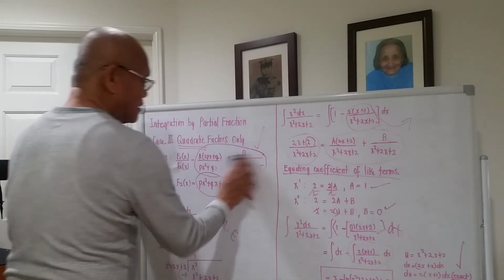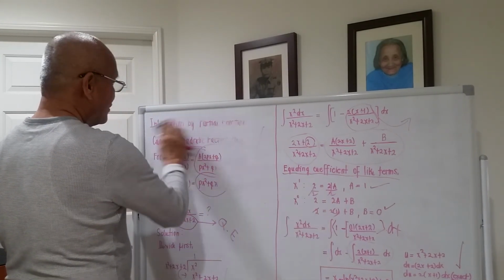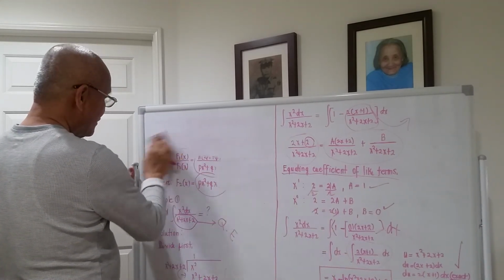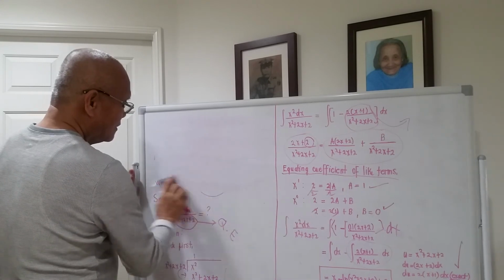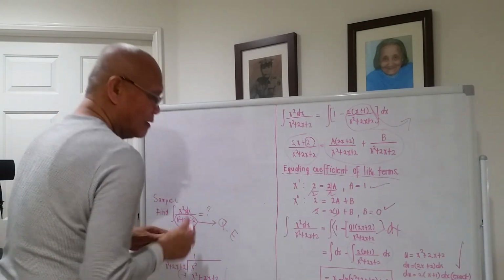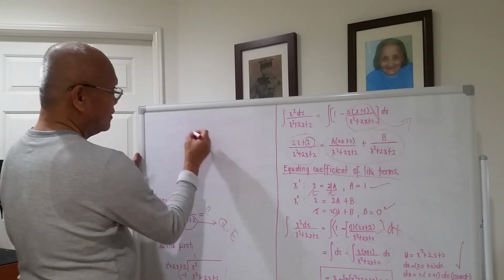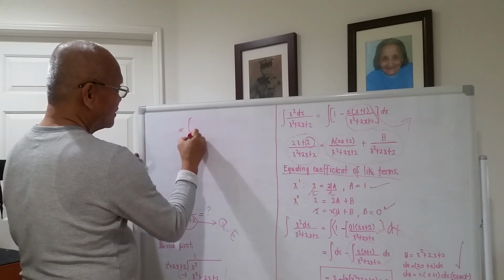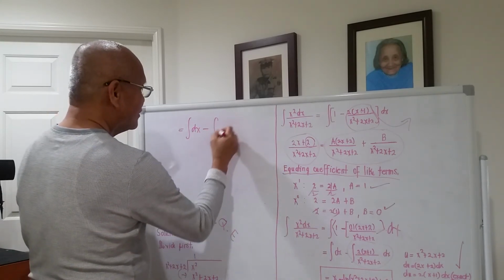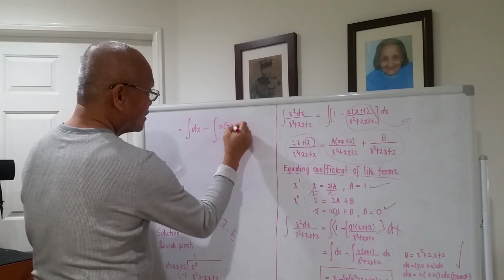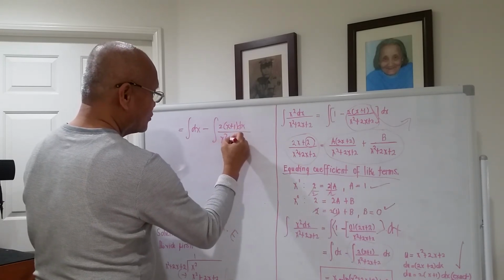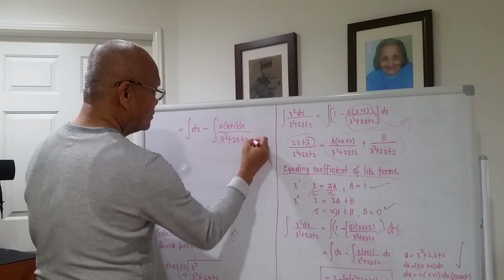If you cannot see it, I will write the final answer on this left-hand portion. Sorry guys, my magnetic board is low. The final answer will be the integral of dx minus the integral of 2 times the quantity x plus 1 times dx all over x squared plus 2x plus 2.